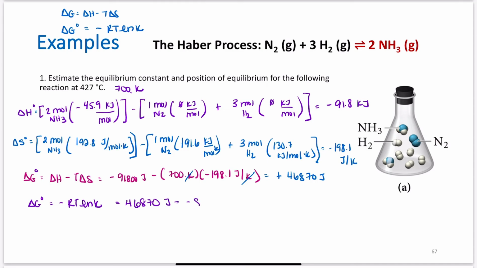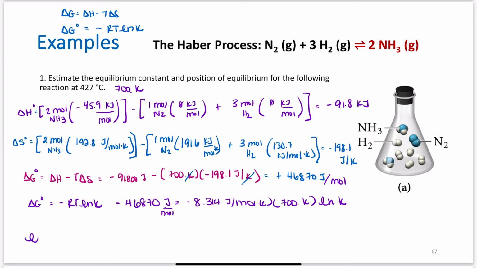And this is equal to negative 8.314 joules per mole K times temperature 700 K times natural log of K. And I know we theoretically cancel out joules here, but I'm going to put the joules per mole back here because it does cancel out properly with R that way.